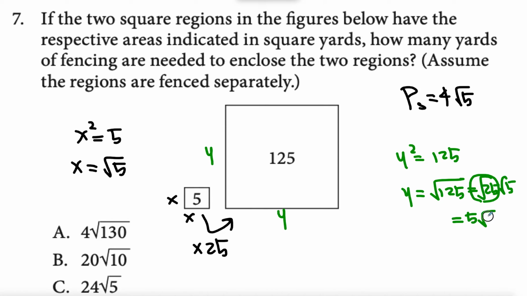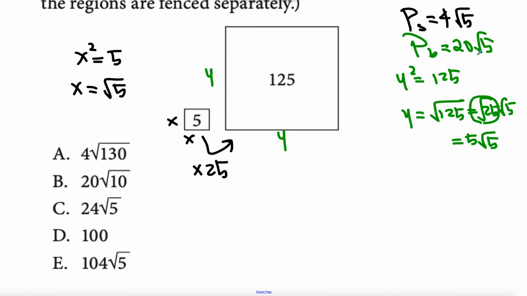So we get 5 square root of 5. In fact, how many of them do we have? We have 4 of those. So the perimeter for the big one is 4 times that, which is 20 square root of 5. When you combine all of them together, because we're fencing all of them, we get 24 square root of 5, which is choice C, the answer.